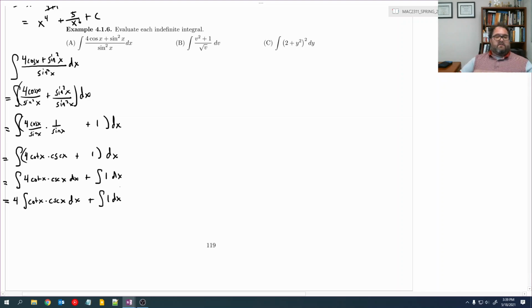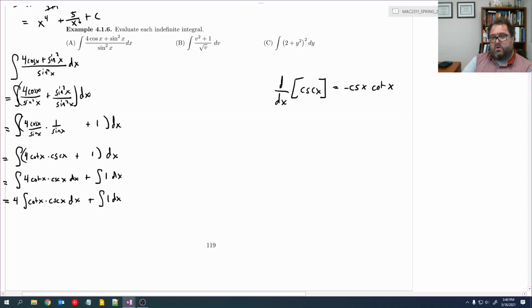Now, let's see. What's the derivative of cotangent cosecant? You might recognize it more readily if I call it cosecant cotangent. Because what is a familiar derivative that is similar to this? What is the derivative of cosecant? Is it negative cosecant cotangent x?